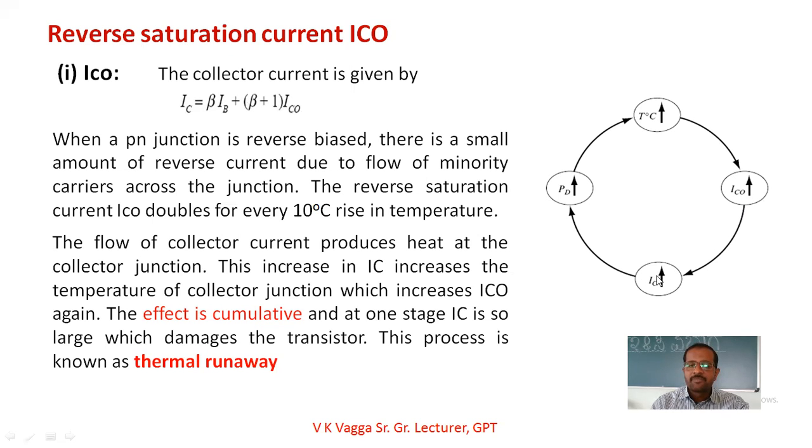Increasing ICO increases IC, and increasing IC increases the PD, the potential difference, so the voltage across the junction increases, and if the PD increases it produces heat. Increased heat means increased temperature, which again increases the minority charge carriers, so ICO increases, and again increasing ICO increases IC, and so on.